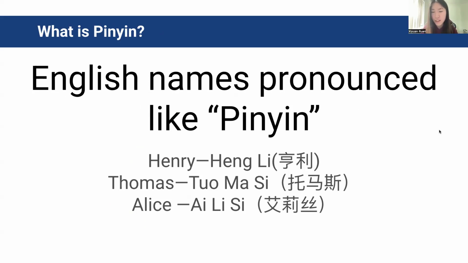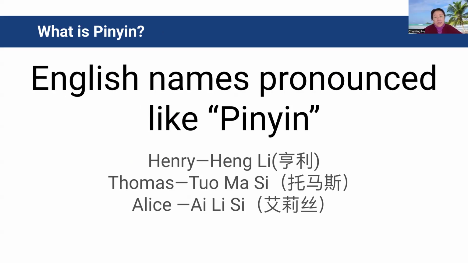English names can be pronounced in pinyin. For example, Henry in pinyin we pronounce as 亨利. Thomas is 托马斯. Alice is 爱丽丝. And tone is added automatically in the Chinese way of pronouncing.